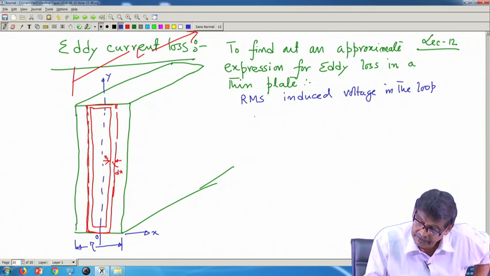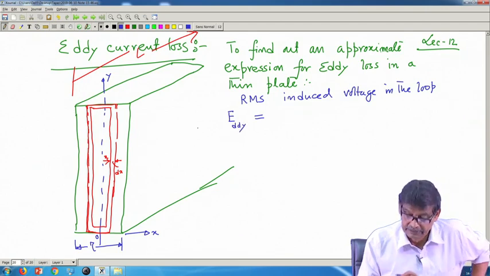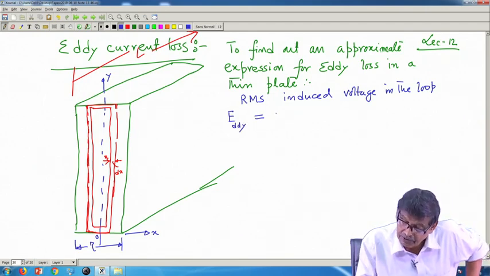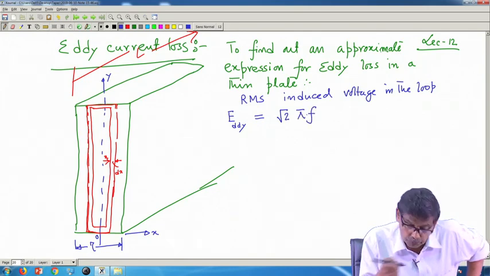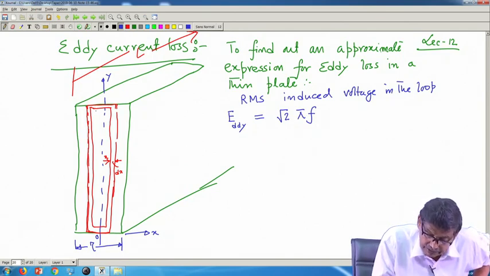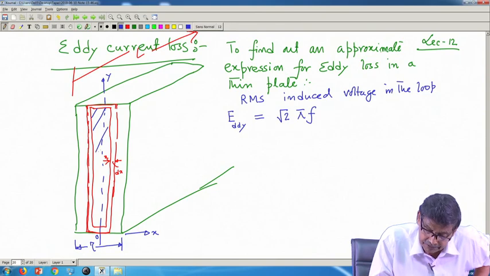That is E Eddy, equal to root 2 pi f into phi max. Phi max is what? The flux enclosed by this area, mind you.